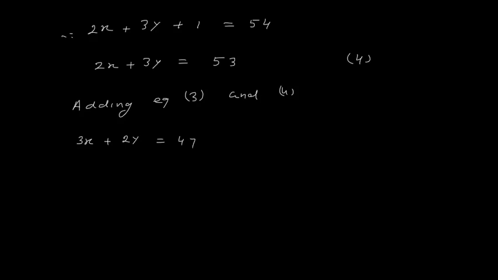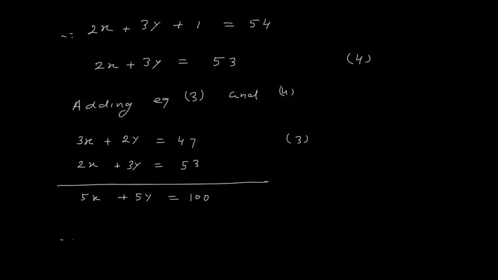This is our equation 3. And our equation 4 is 2x plus 3y is equal to 53. So we will add them first. 3x plus 2x is 5x, plus 2y plus 3y is 5y, is equal to 47 plus 53, which is 100.